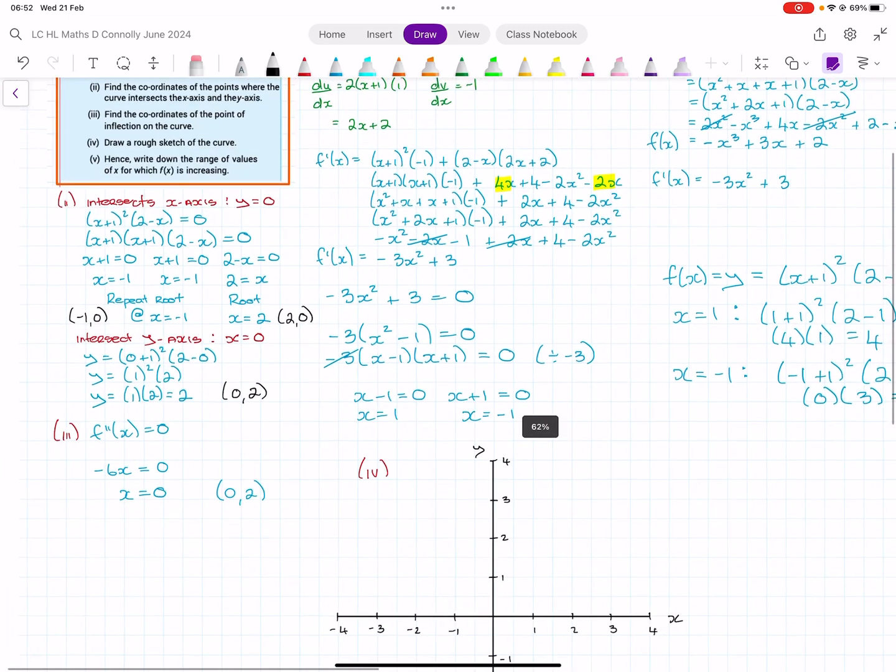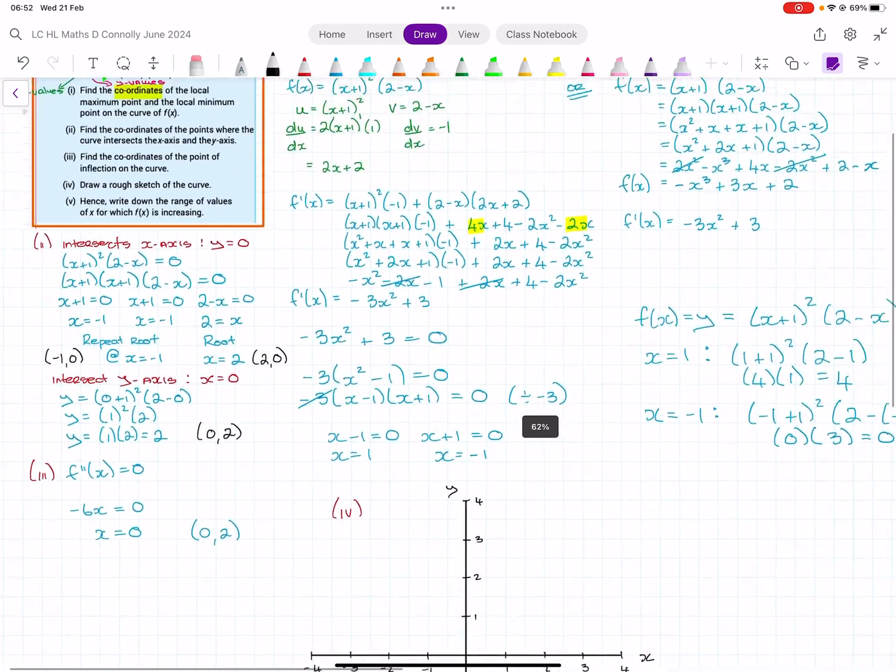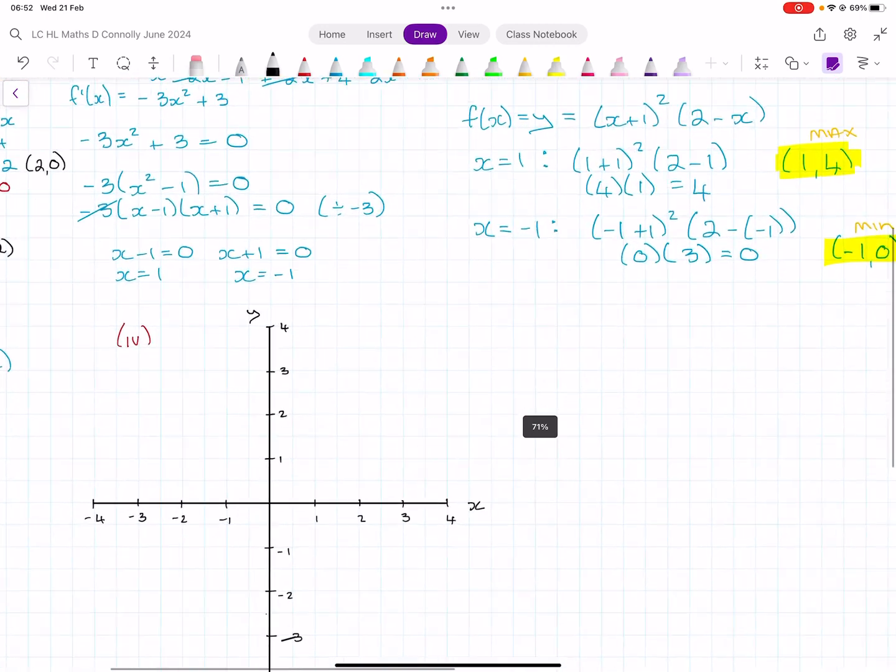Okay, so we figured out that the maximum point is 1, 4.